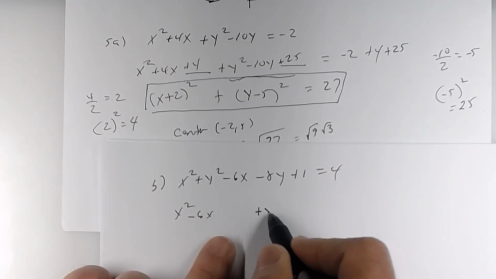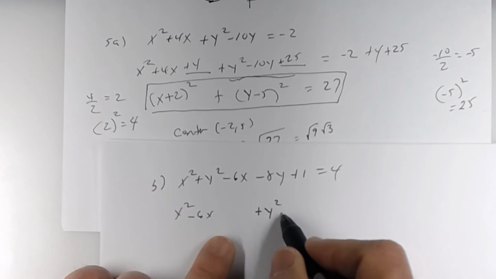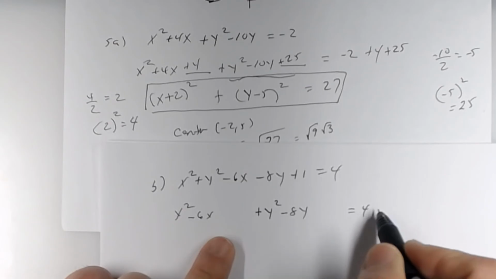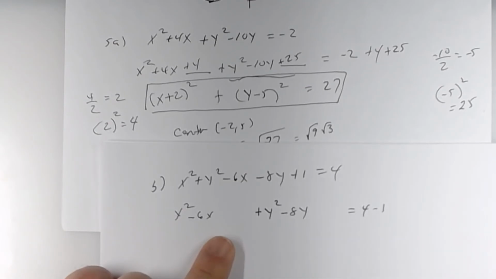Plus y squared minus 8y. Leave some space and say equals 4. What else? Not plus 1. Minus 1. See how you can easily mess up? So you have to be careful at each little step before you go in and say, is adding 1 correct or is subtracting 1 correct?